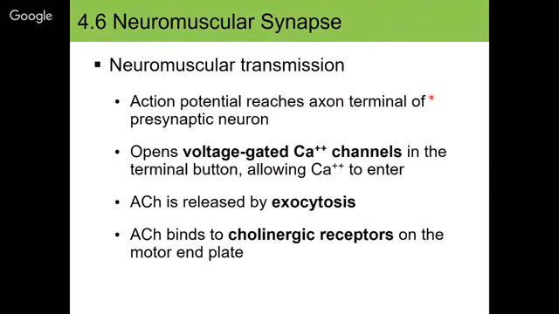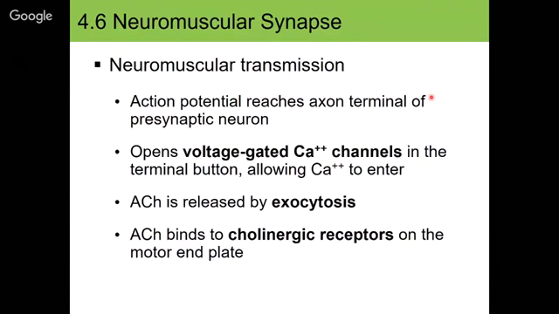If we look at the process of a neuromuscular synapse and how it all happens, we start off with an action potential, okay? As with the neuron-to-neuron synapse, we have an action potential that is flowing down the axon of the neuron, in this case, a motor neuron, and it arrives at the terminal button of the presynaptic neuron, okay?